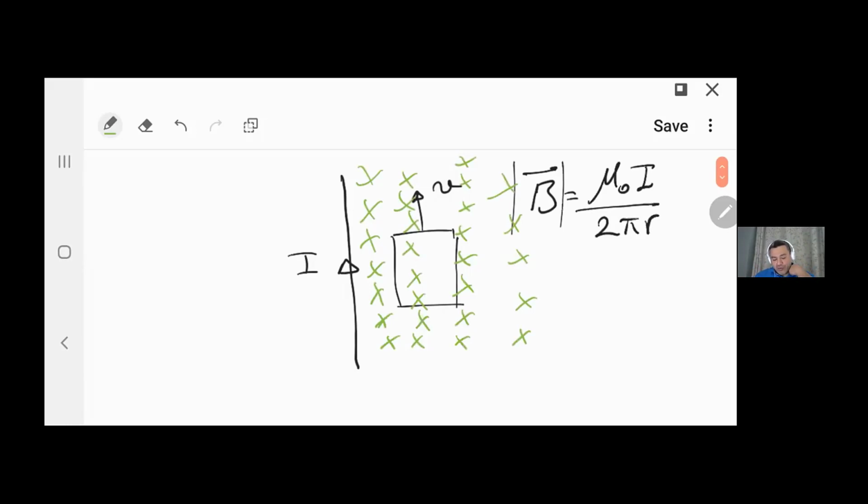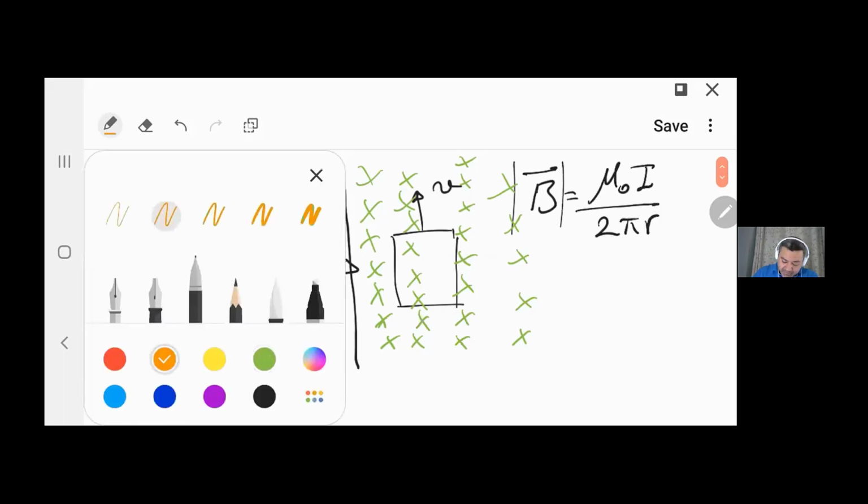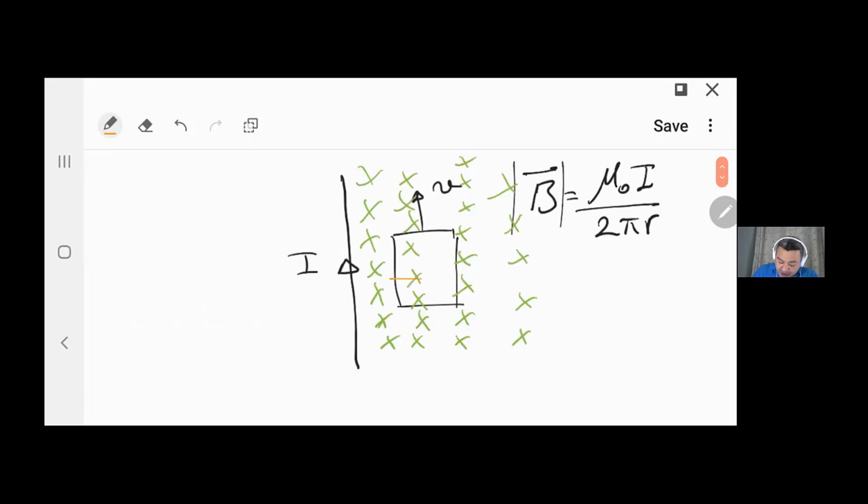Now, if I go parallel to the wire this way, my loop is not going to see any variation in the magnetic field. There will be no variation in the flux. However, if I go in this direction, then I will be seeing a variation in the flux.